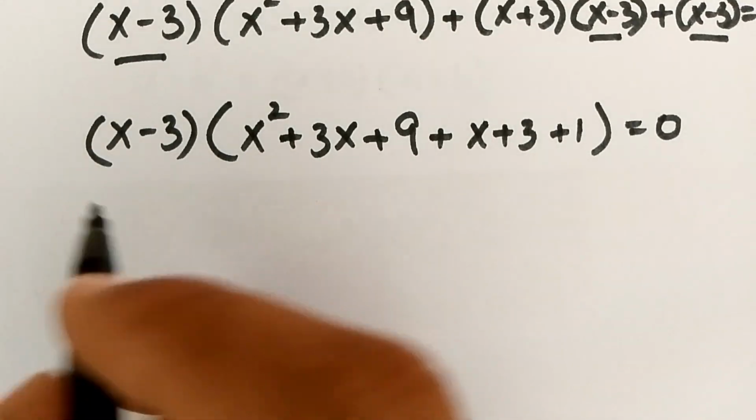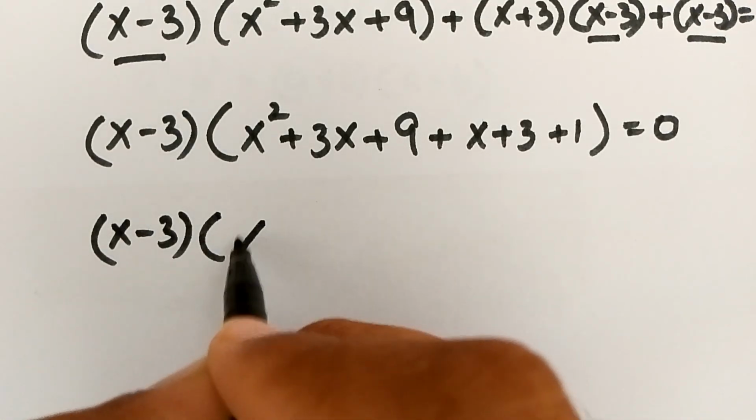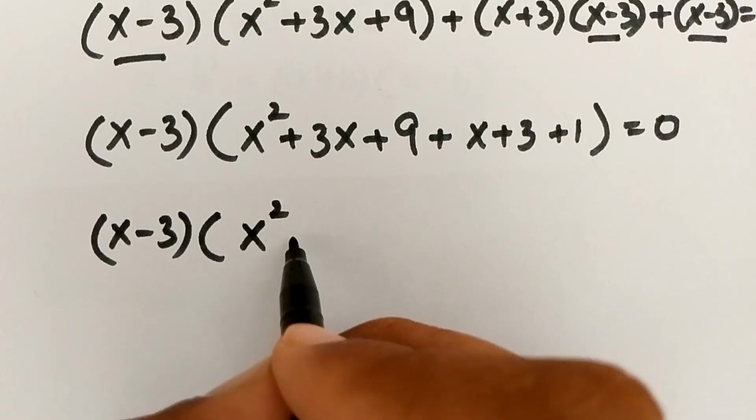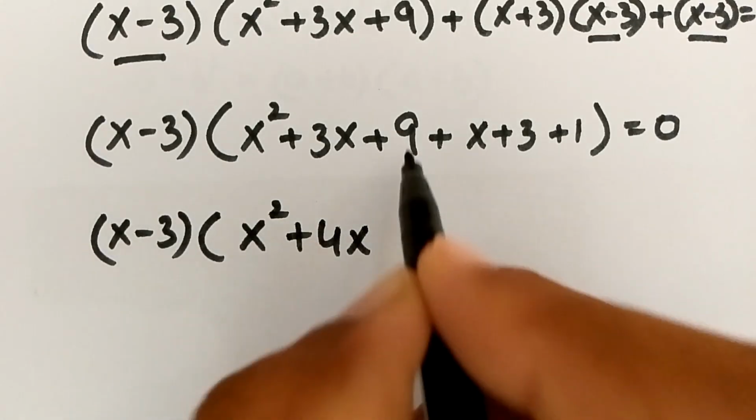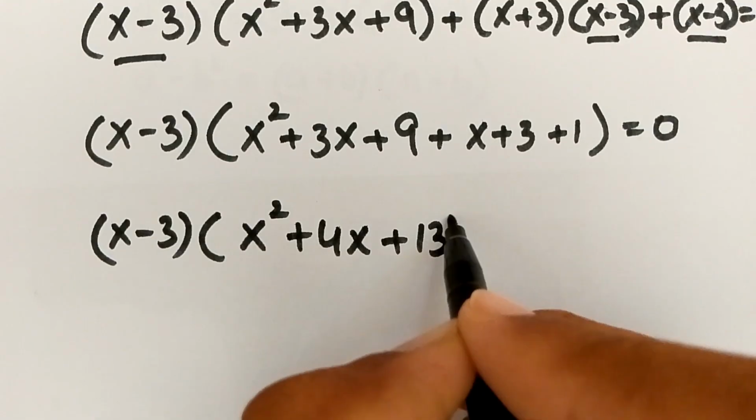Now in the next step, x minus 3 times x square plus 3x plus x, this is equal to 4x, 9 plus 1 is equal to 10, 10 plus 3 is equal to 13, plus 13, which is equal to 0.